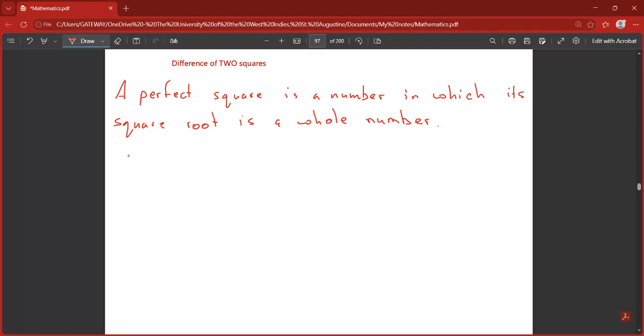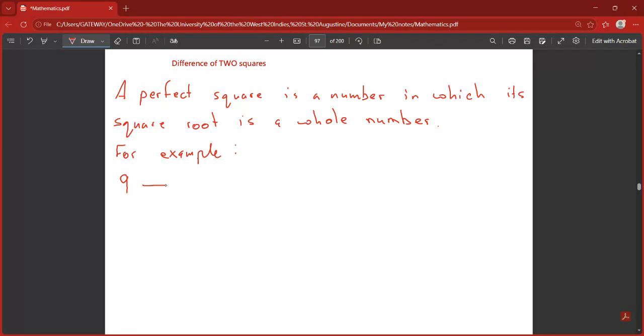For example, 9. 9 is a perfect square because the square root of 9 is a whole number. The square root of 9 is 3.